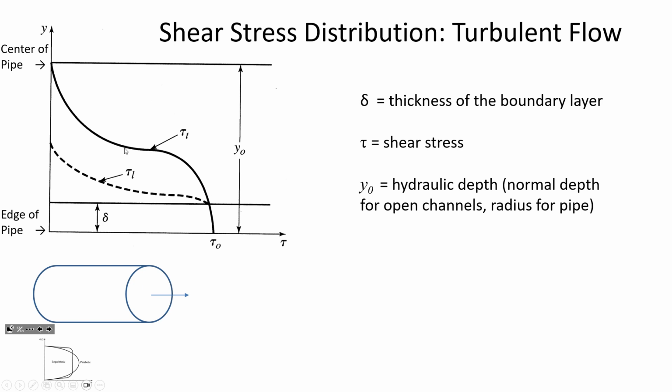So let's say that we had turbulent flow conditions, that the water velocity is going through here pretty fast, such that in bulk, conditions are turbulent, that's this curve. So shear stress in turbulent conditions, it's showing the thickness of the boundary layer, and it's also showing the distribution of shear stress as you get further away from the center of the pipe.